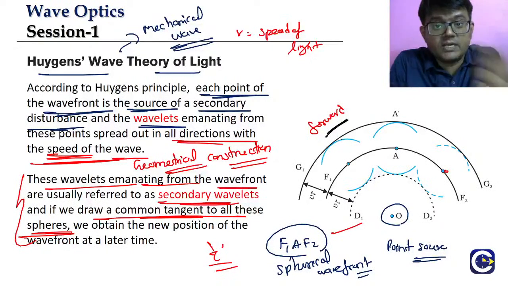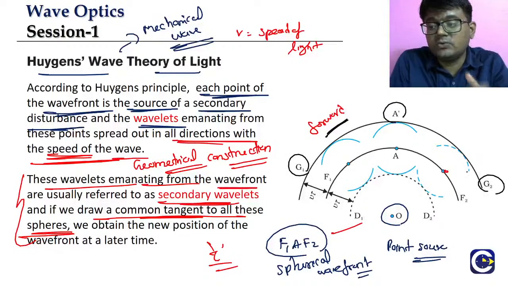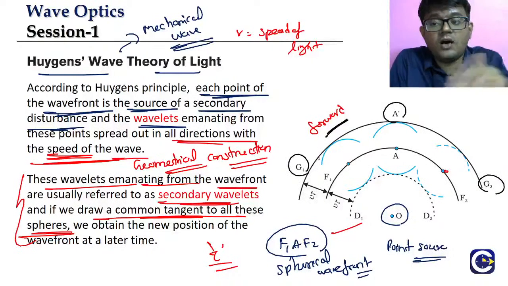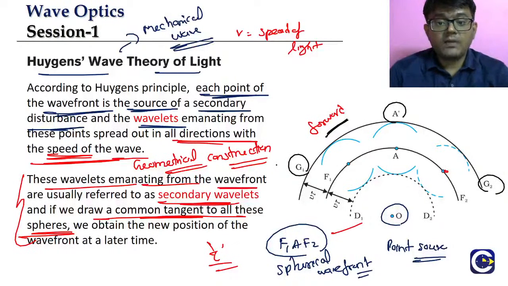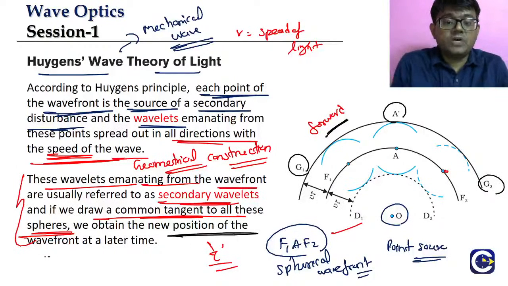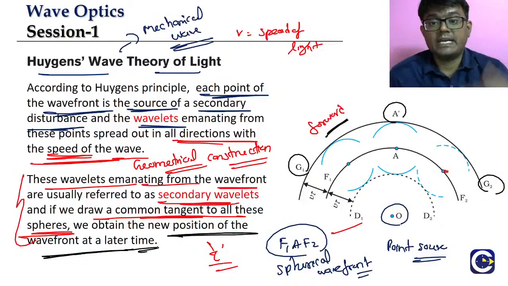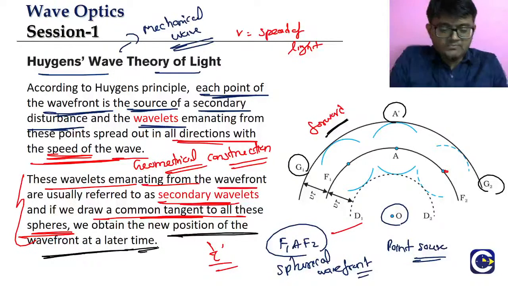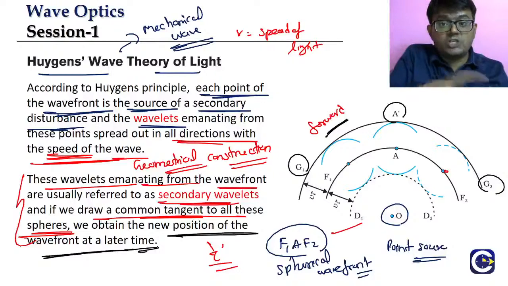The tangent here will be a spherical surface. So G A dash G2 is the tangent that we can draw on the forward side. The tangent that we draw for all these secondary wavelets represents the new position of the wavefront at a later point of time. Means after some time tau, if you want to identify the position of the wavefront, we simply draw the secondary wavelets. That's why we said it's geometrical construction.